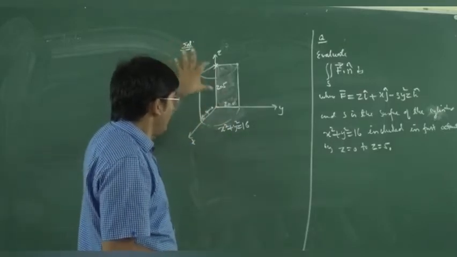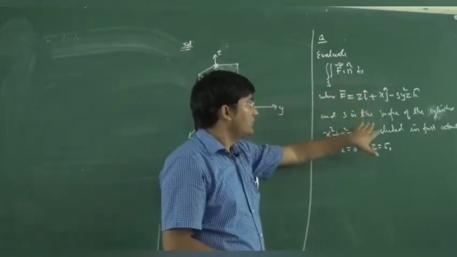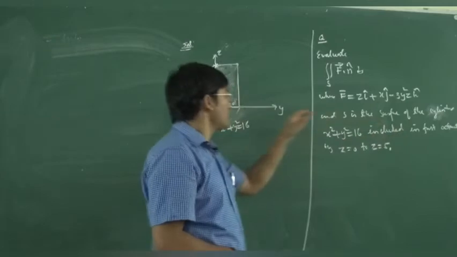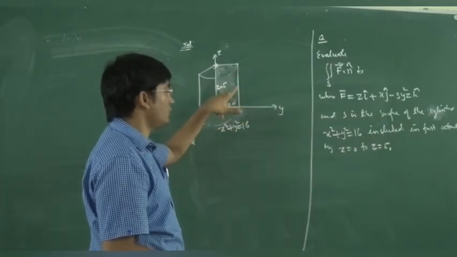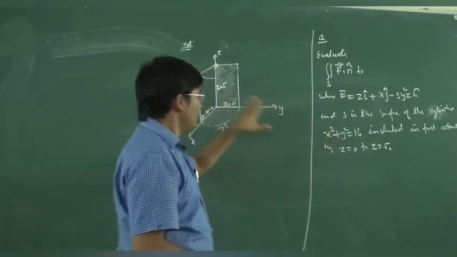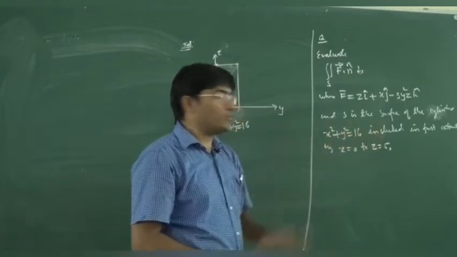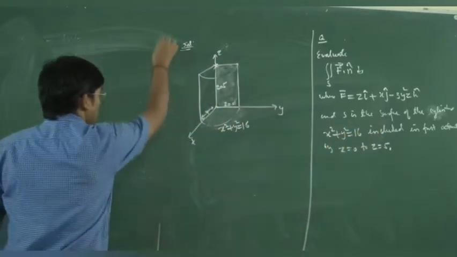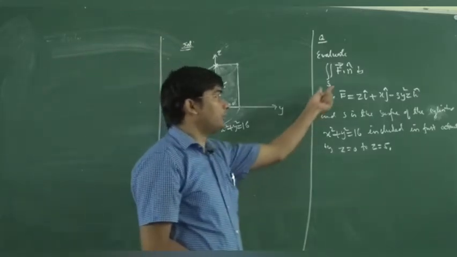So here we have to evaluate this double integral in the first octant, for which we have z from 0 to z equal to 5. So let us find the value of F dot n.